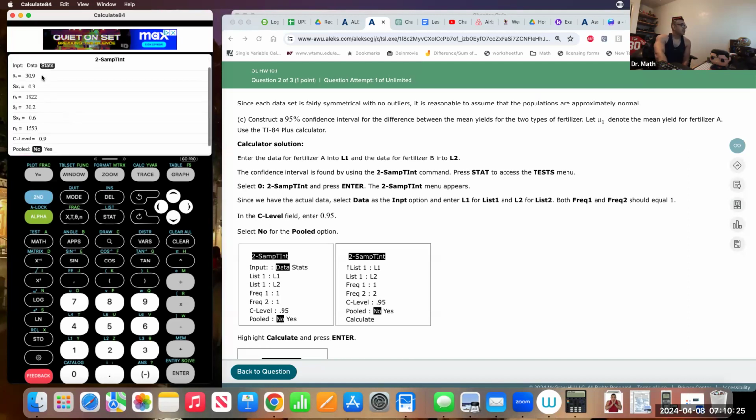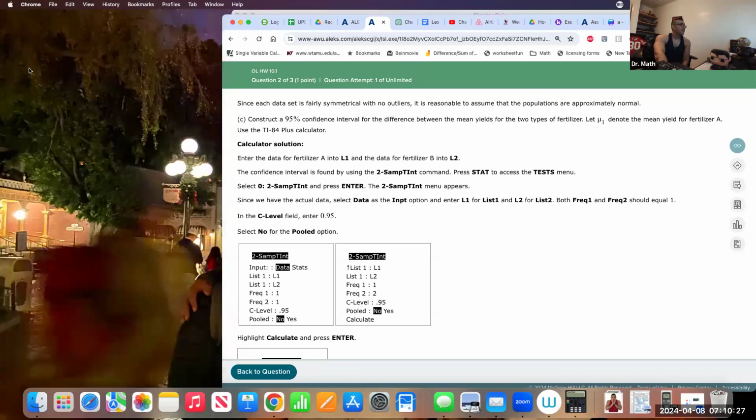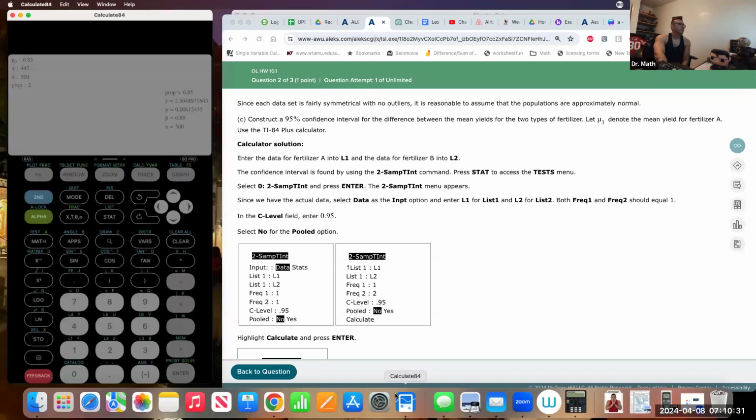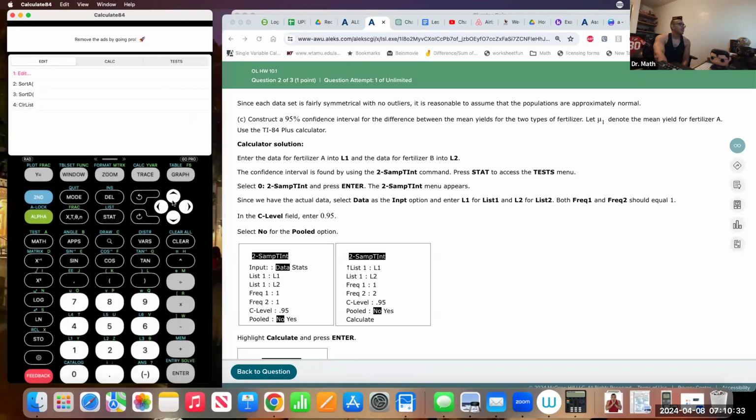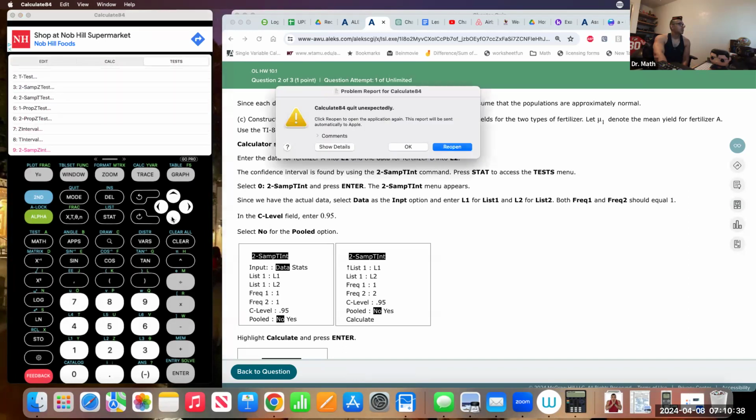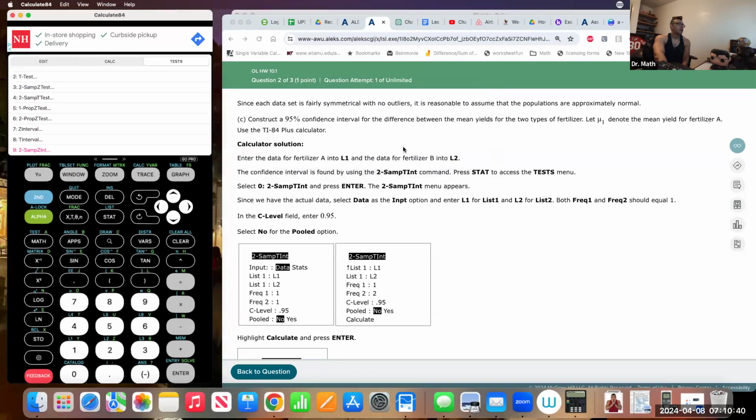But here, instead of using stats, I'm going to hit data. It disappeared, so let me bring my calculator up one more time. So stat, and go down. Yes, I know there's an error. That's what happens when you use free stuff. 2-sample T interval, use data, list 1 is L1, list 2 is L2.